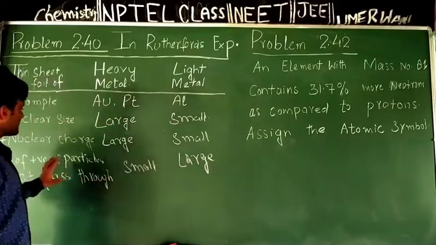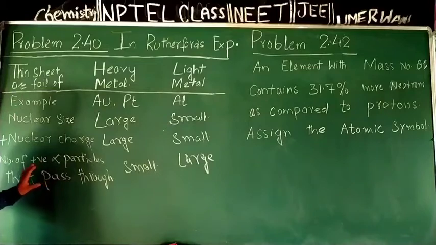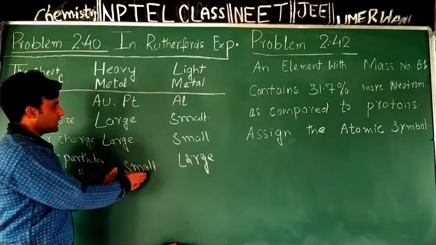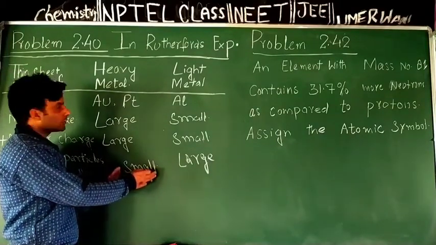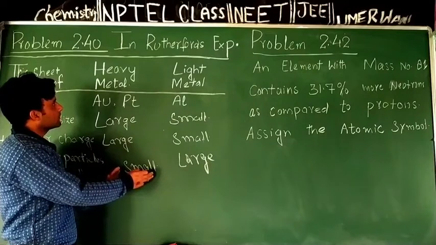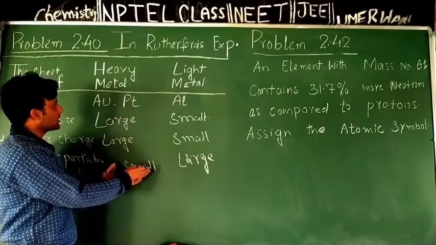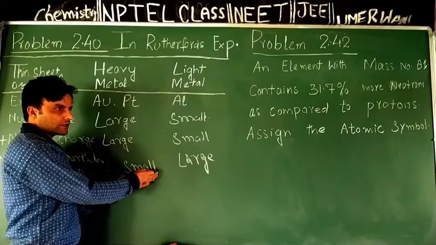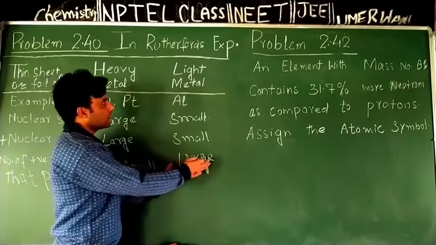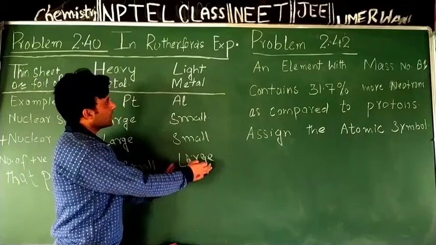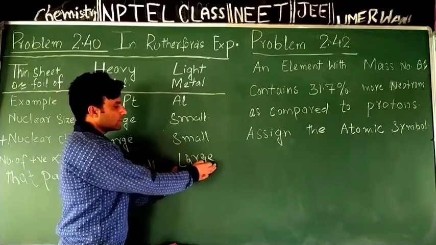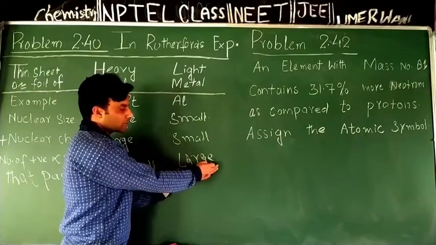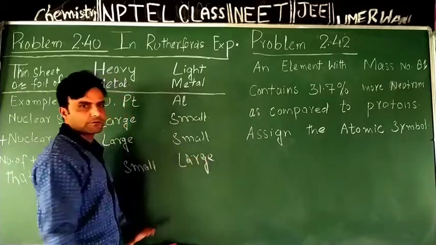This is the main contrast in the results: through a heavy metal atom like gold or platinum, a small number of positively charged alpha particles will pass through, and through a light metal atom like aluminum, a large number of positively charged alpha particles will pass through.